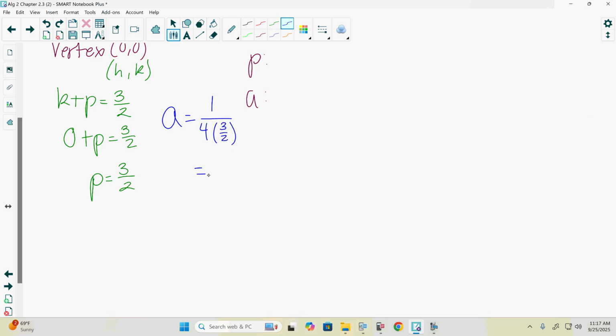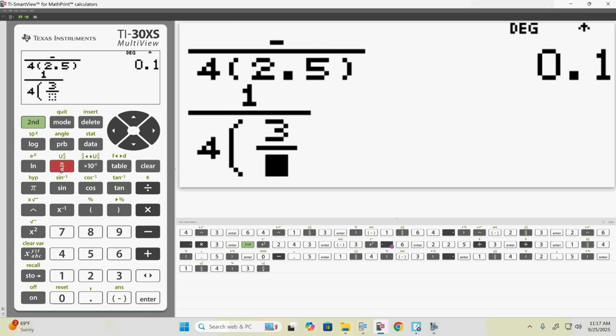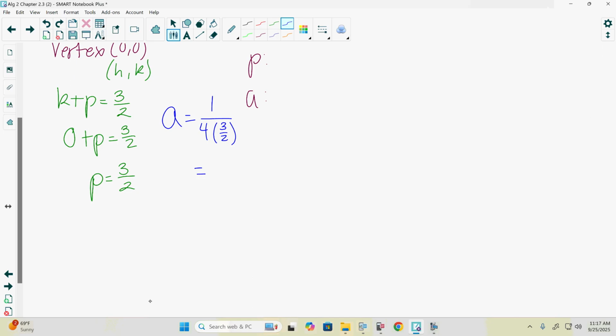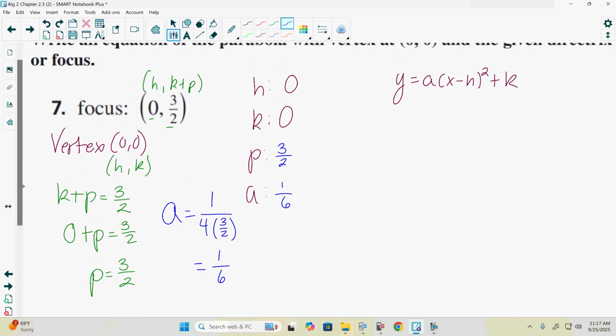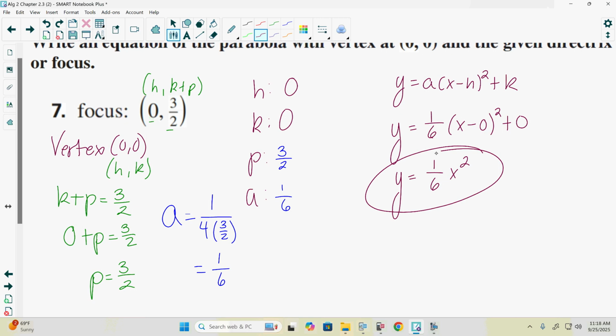So we'd have 1 over 4 times 3/2, so a is 1/6. That's it.